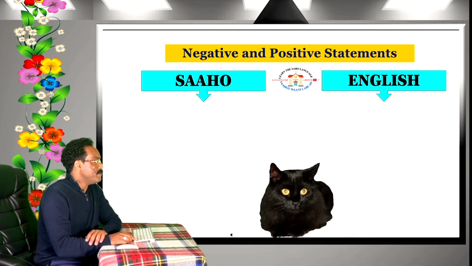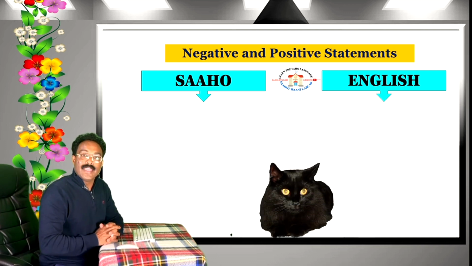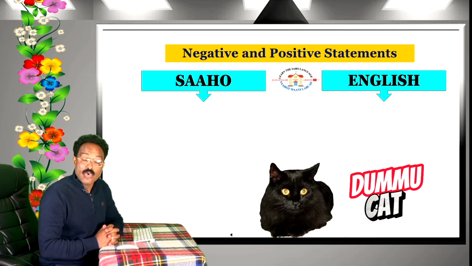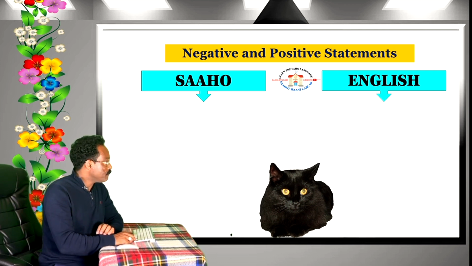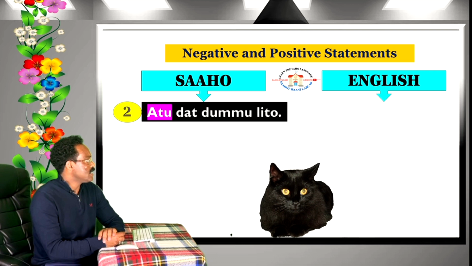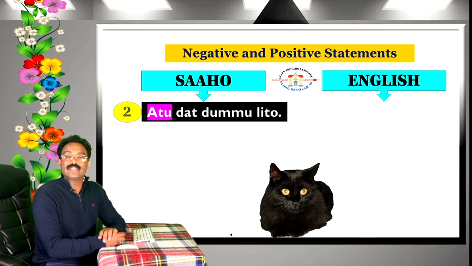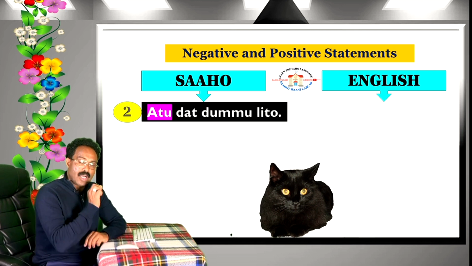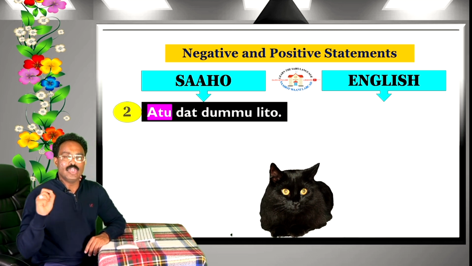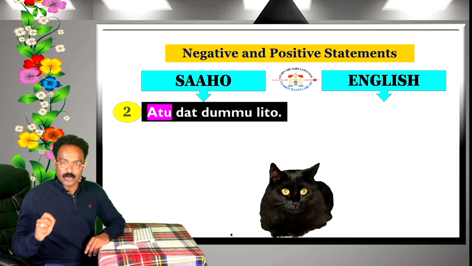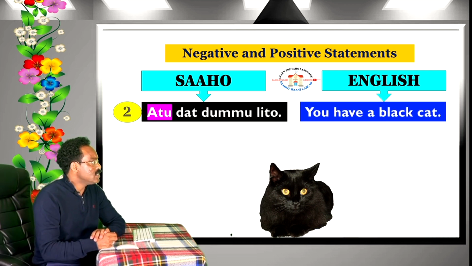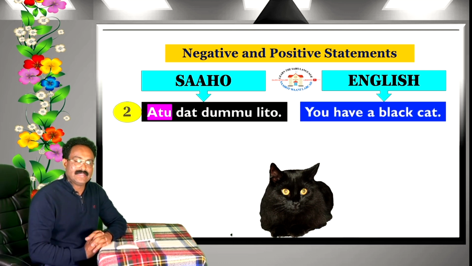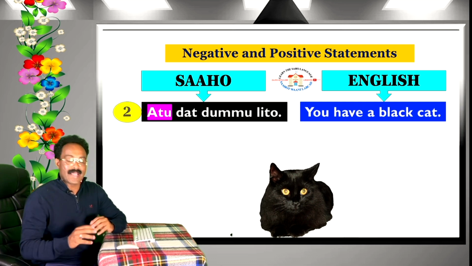Example number 2. Okay, this is a cat. Dummu. Okay, so in a sentence, atu dat dummulito. In English, you have a black cat.